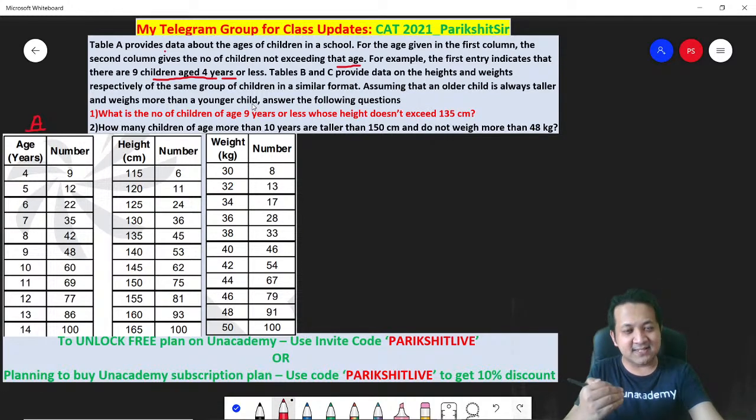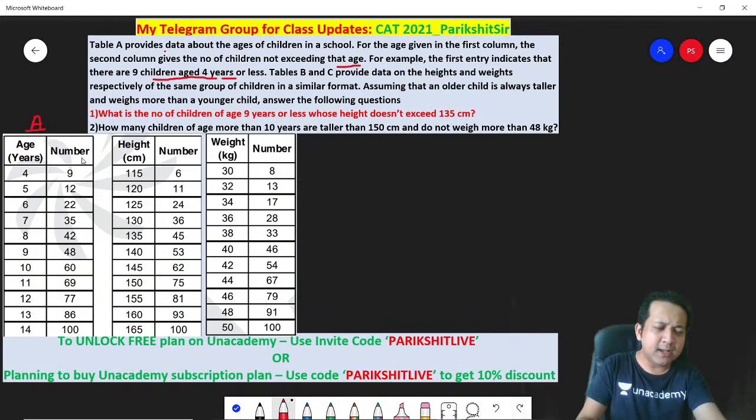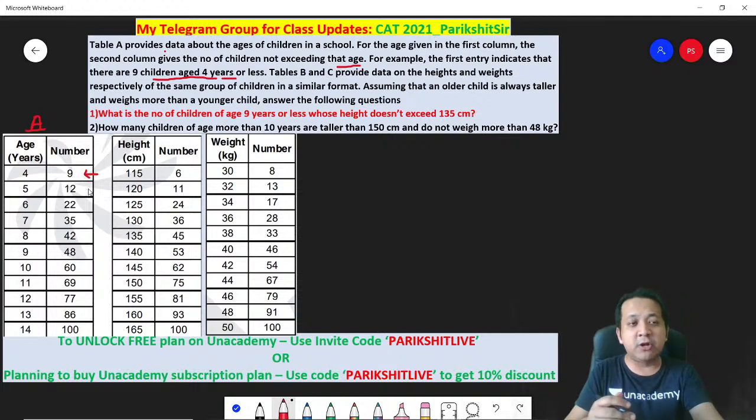Let's try to understand the data. Come to the first table. What does it say? Can you see age is 4 years? So how many children have age 4 years or less? 9 children. Similarly, how many children have age 5 years or less? 12 children. Do you understand? Similarly, let's take any value.